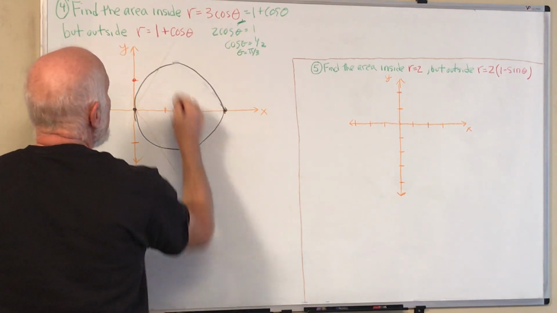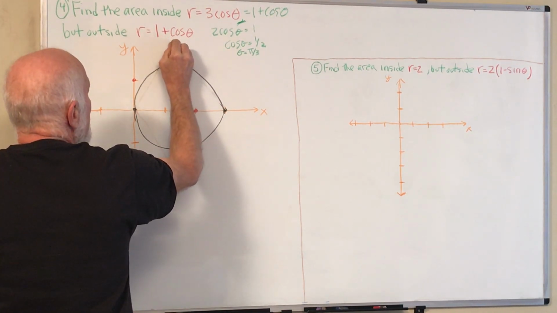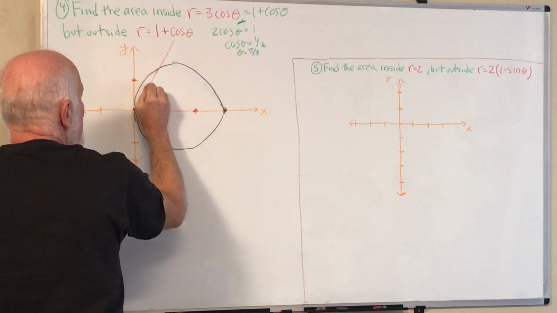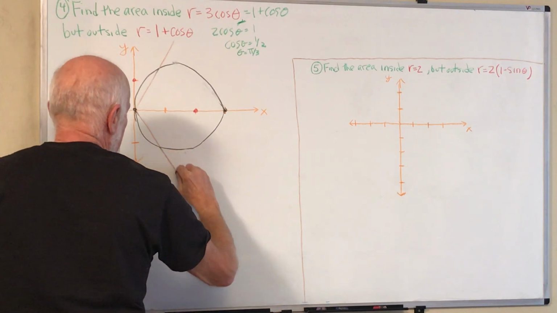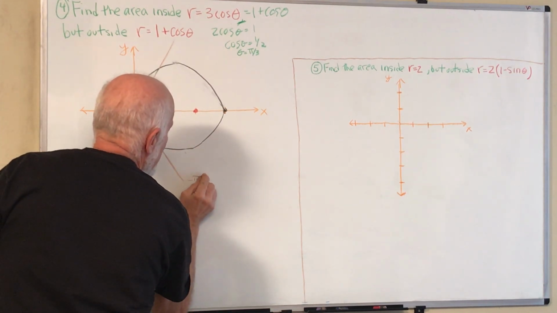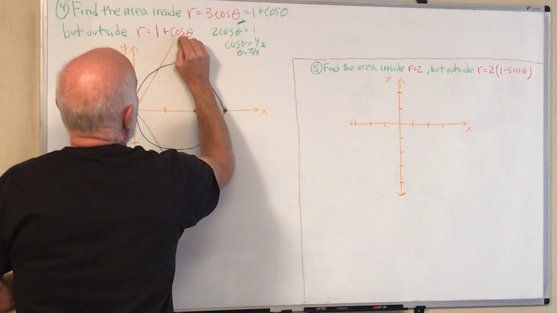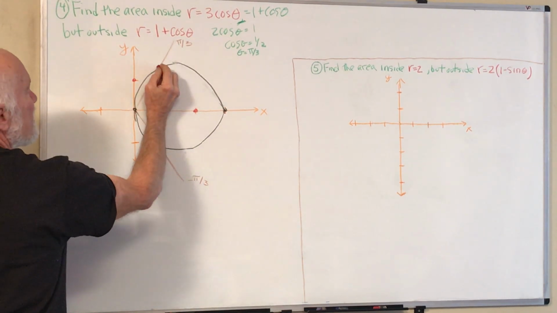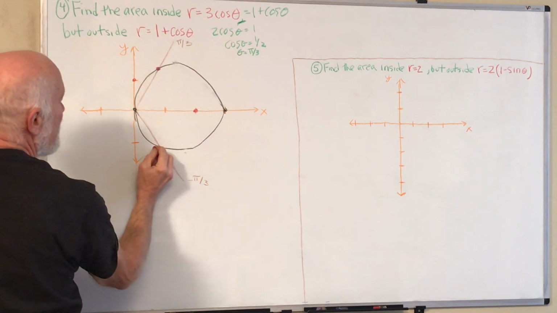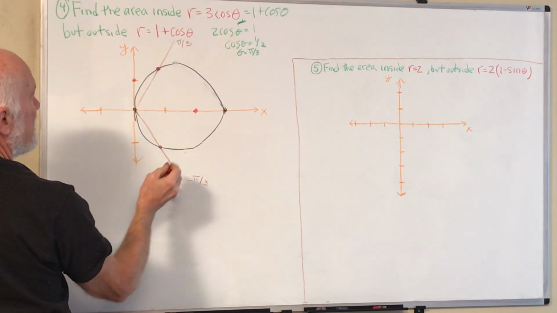So if I draw in pi over 3 and negative pi over 3, now I know where it's going to intersect. It's going to intersect right here and right here.